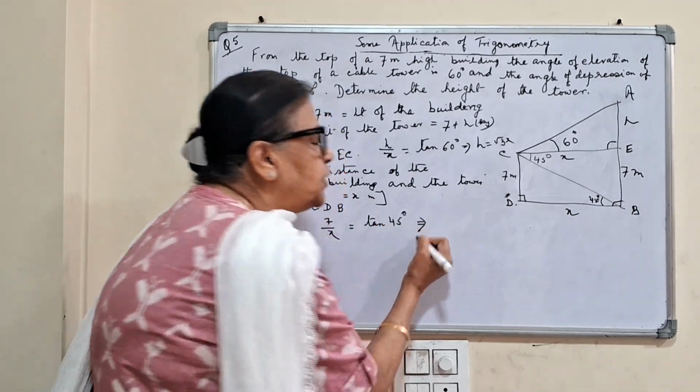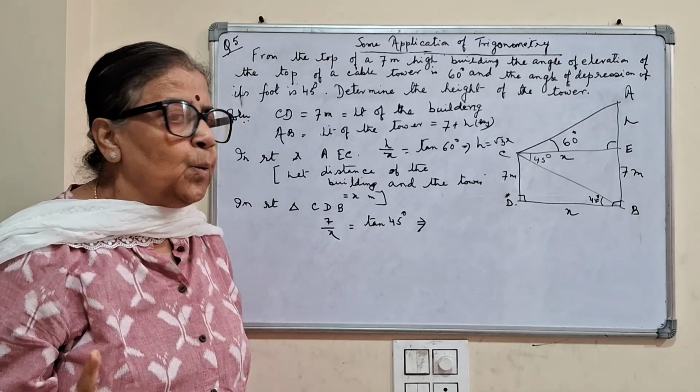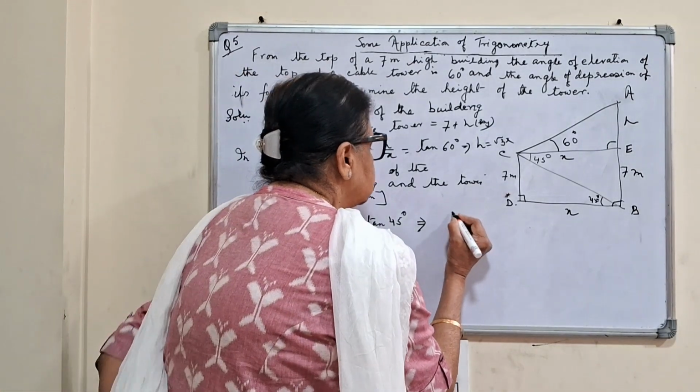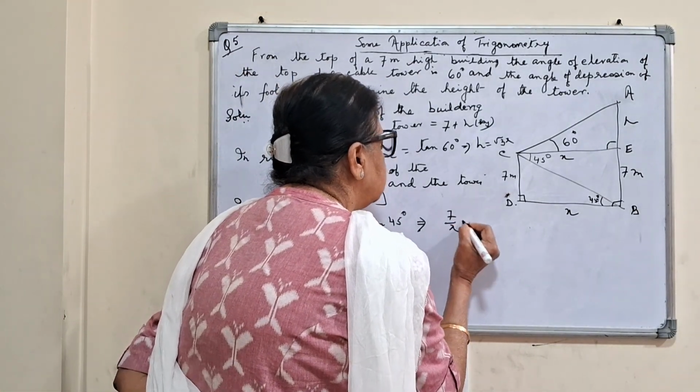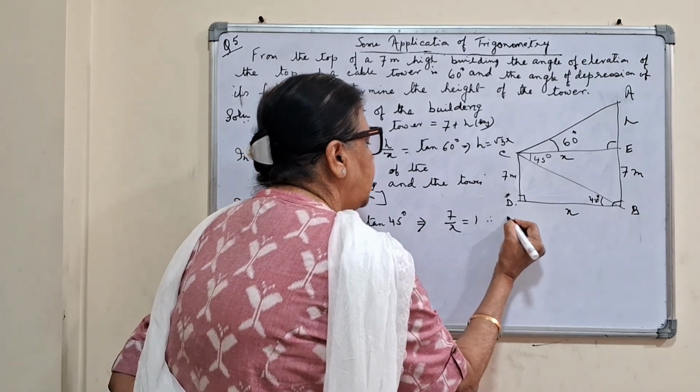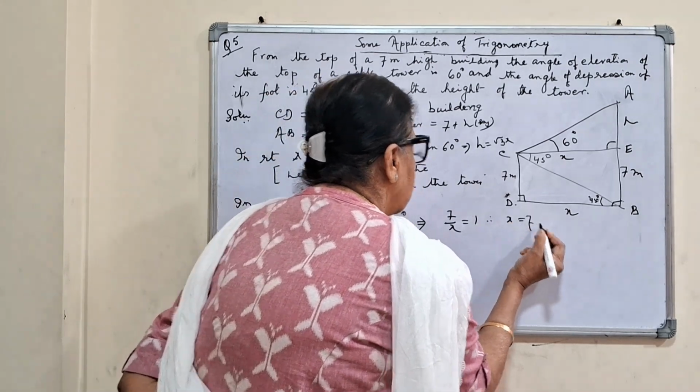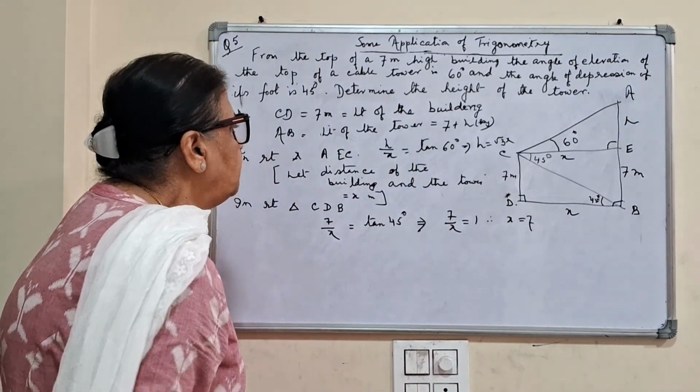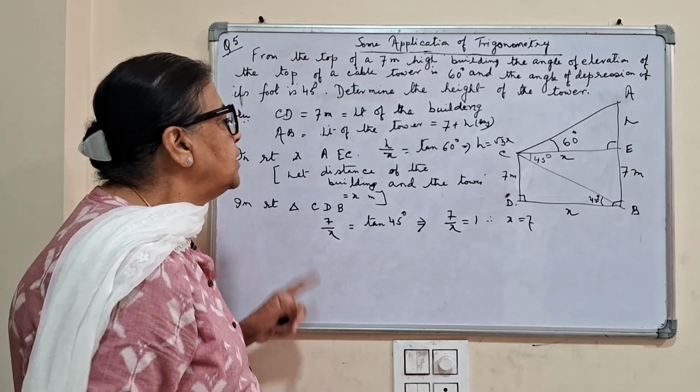Tan 45 is 1, so 7 upon x is equal to 1. Therefore x is equal to 7. So I have got the value of x.